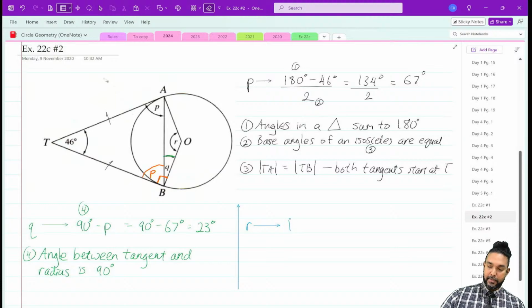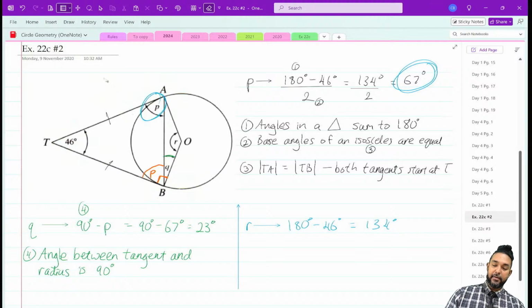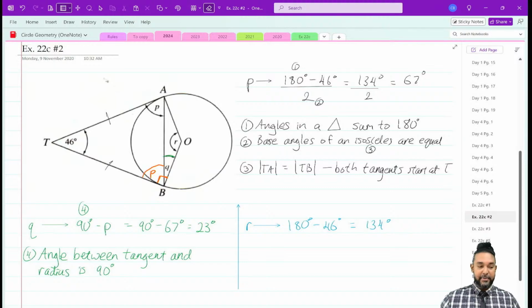Yeah. So we could do 180 minus 46, and that's 134. And like I was saying, if you double this, the angle P, if you multiply 67 by 2, you'll get that same 134, right? It's not a coincidence. It's based on the diagram. I'm not sure how to articulate it, I wouldn't say it's a rule, but clearly it's something that happens.